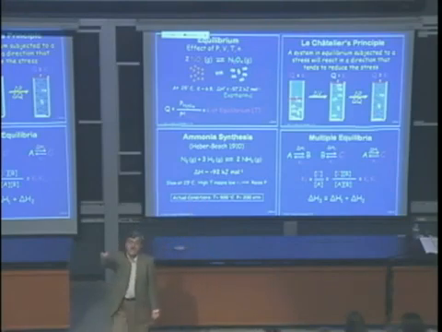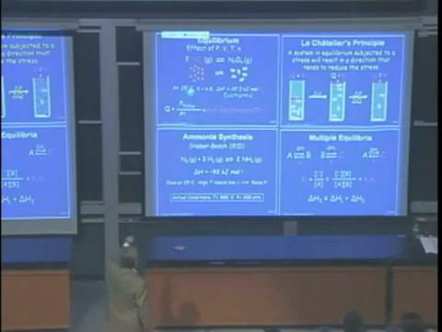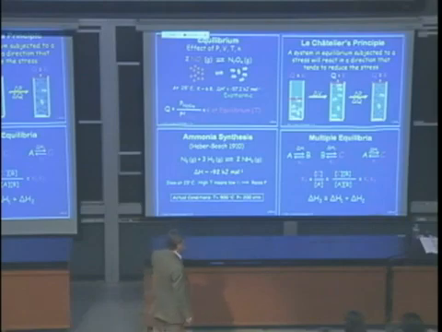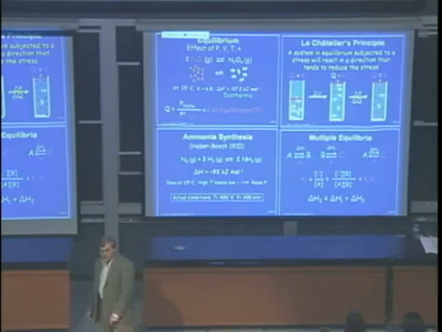The moment you add products, you're out of equilibrium. So what will happen? So Q is what? You're adding something here. So Q is larger than K, much larger than K. So what will happen? It will go to the left. So it will make reactants until you have the condition of K reached again. All right, now you understand the difference between Q and K.